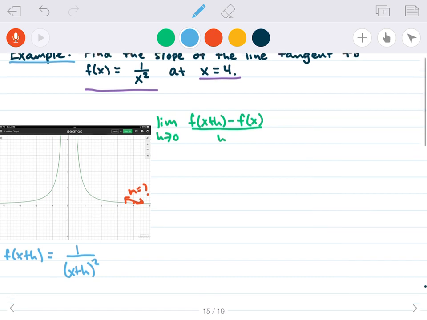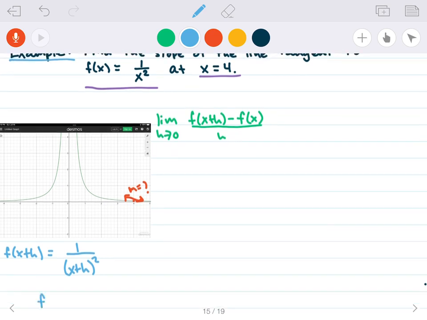And then, of course, f of x is just what we're given, which is 1 over x squared. Okay, so let's plug in what we have. So we have 1 over x plus h squared minus 1 over x squared, over h.